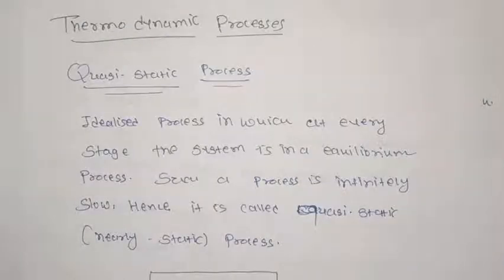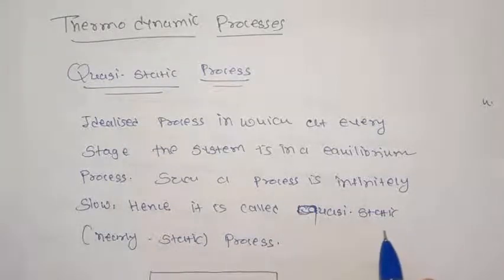Now let us understand different thermodynamic processes. First of all, let us discuss the quasi-static process, that is approximately a static process. Let us imagine an idealized process in which at every stage the system is in an equilibrium state.